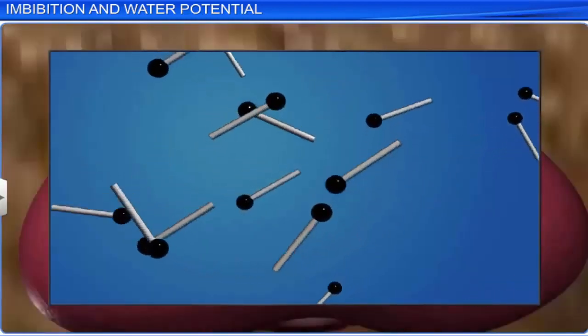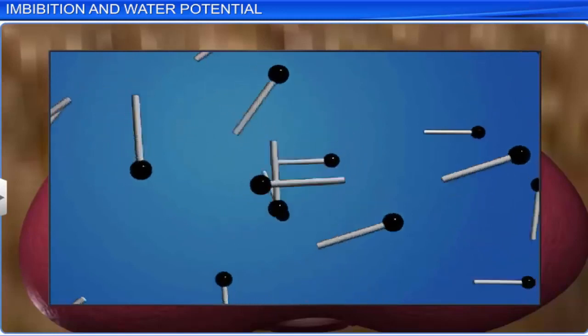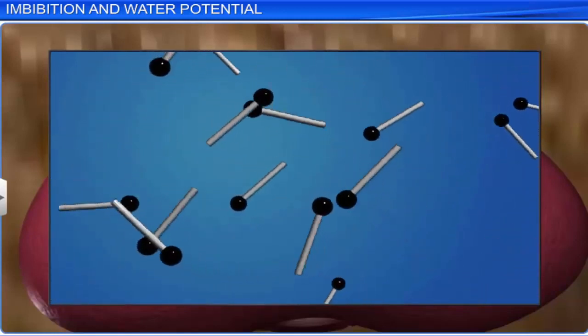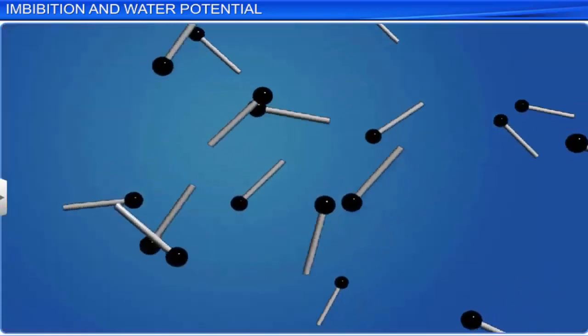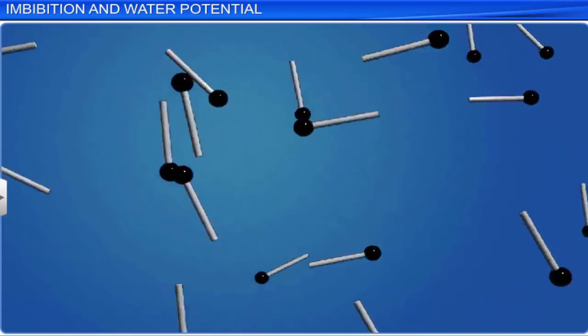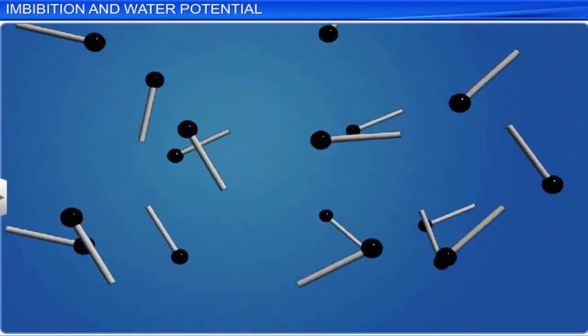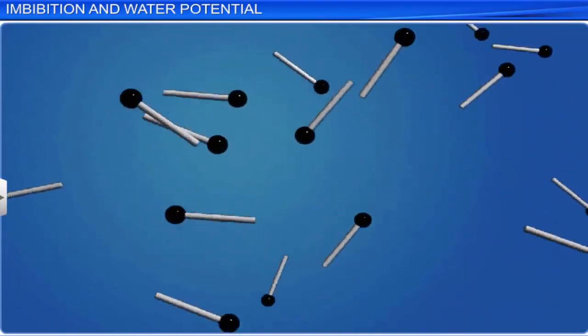To understand the concept of water potential, we must take into account that water molecules possess kinetic energy. They are in rapid and constant motion in both liquid and gaseous form. The greater the concentration of water, the greater its kinetic energy.